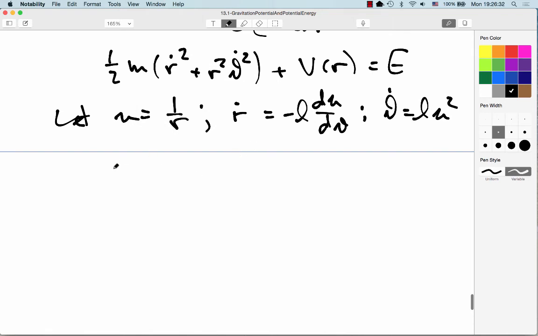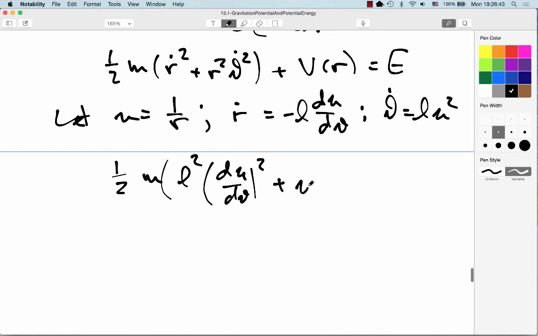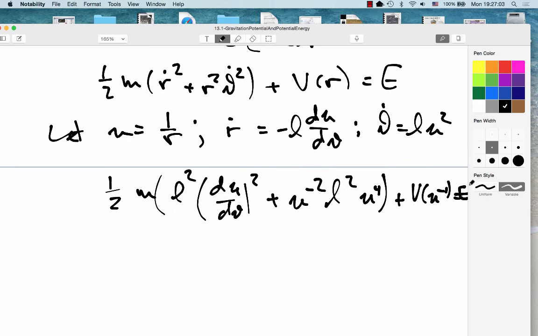So putting in here, this becomes 1/2 m L squared, so that will be du d theta squared plus u to the negative 2 L squared u to the 4 for that bit there. Plus V of u to the negative 1, that has to equal our constant E.